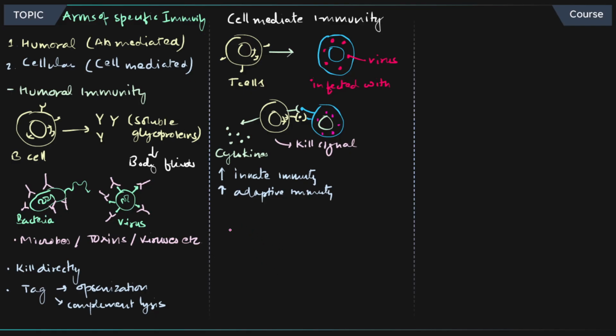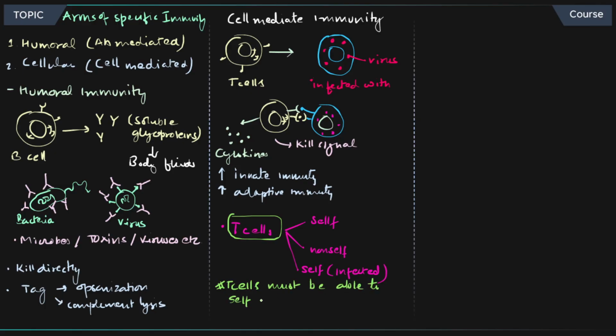T cell has a wonderful capability to recognize self versus non-self, and self that is infected with viruses. It can recognize all of them and then kill the problematic ones. So the T cell must have the ability to recognize self versus non-self versus infected self cells. Very important property, right?